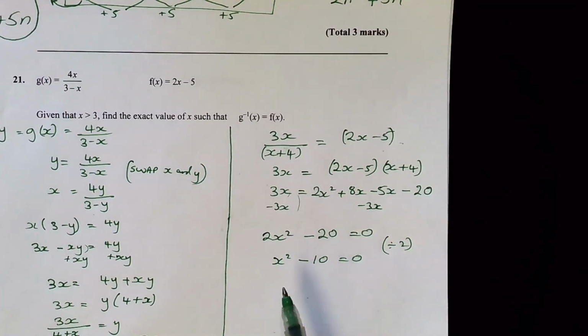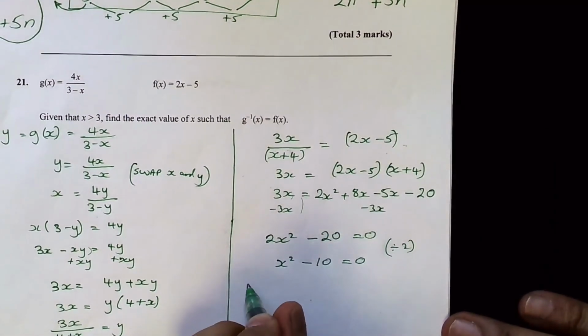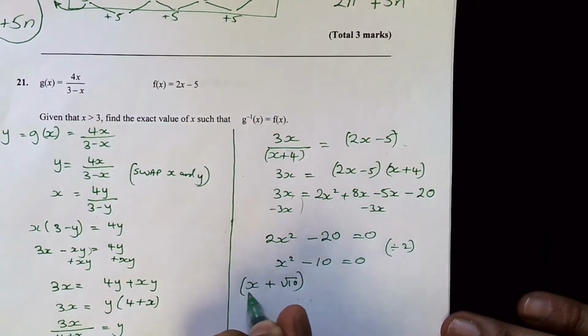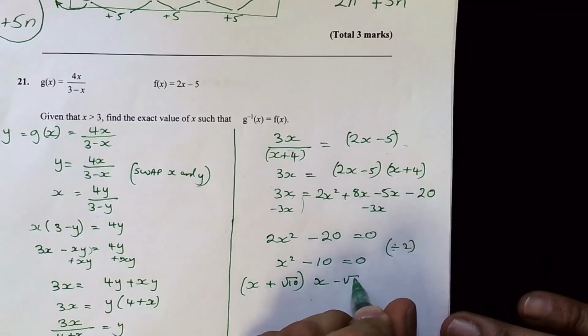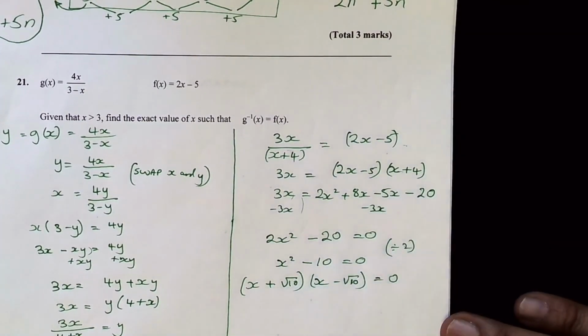If I look at this, it looks very similar. This is a difference of two squares. So this is x plus the square root of 10 and x minus the square root of 10 equals 0.